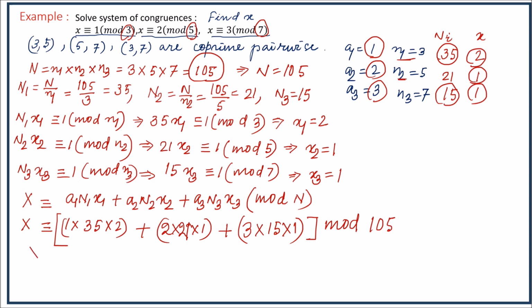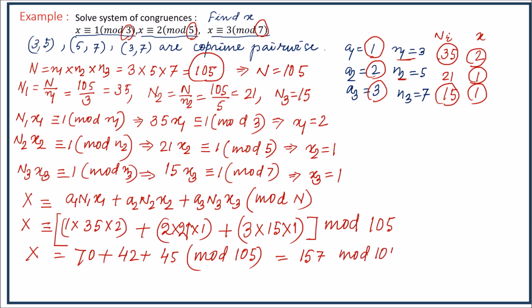So X is equal to 70 plus 42 plus 45. If we take the sum, how much is it? It is 157, which is above 105.